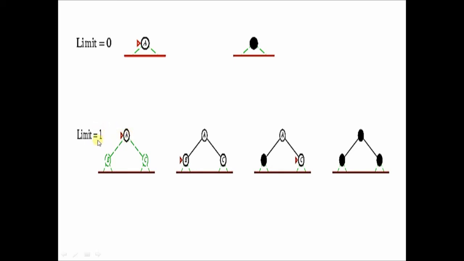Now that we have increased the depth limit to 1, 2 more nodes will be visible. So the entire search space up to level 1 will be visible. So A, B and C are the nodes which are visible. Then we will perform depth first search procedure on this tree.